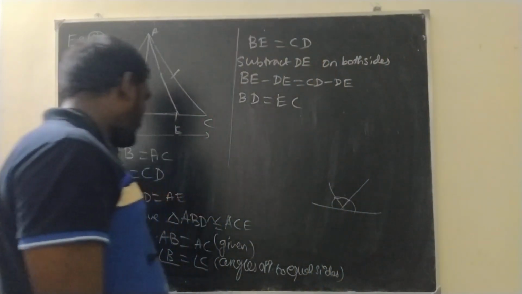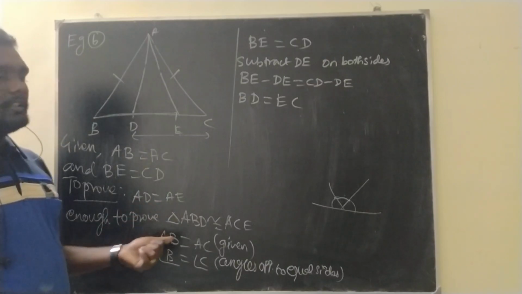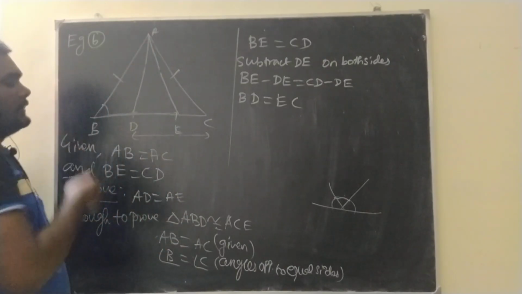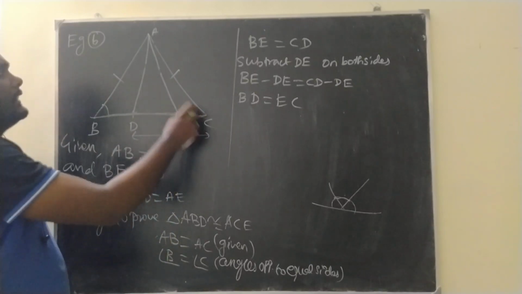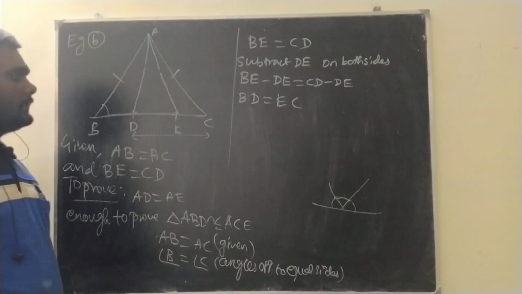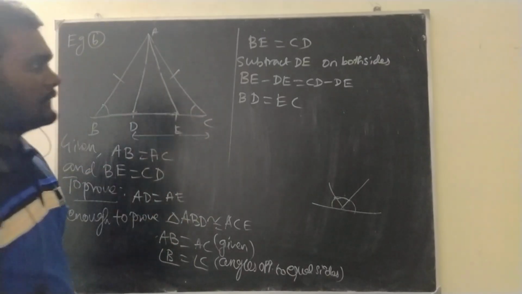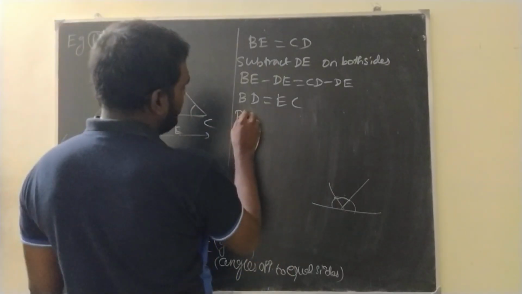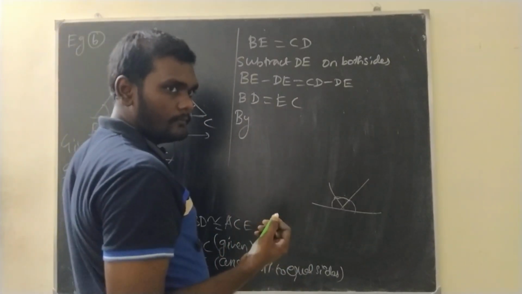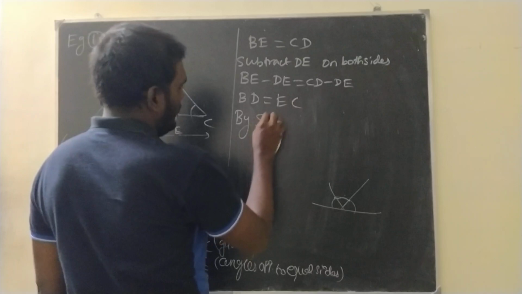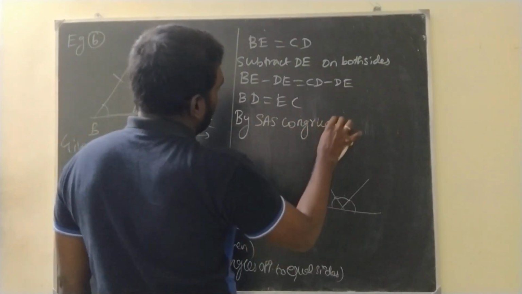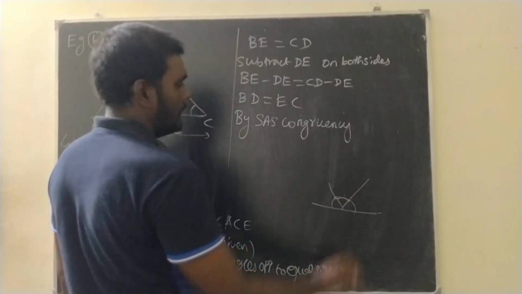So, BD, AB, yes, it lies between those two sides. EC and AC, yes, it lies between the mentioned two sides. So, we can say by what congruency? SAS congruency rule.